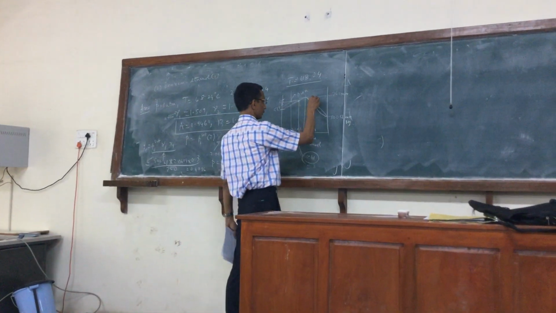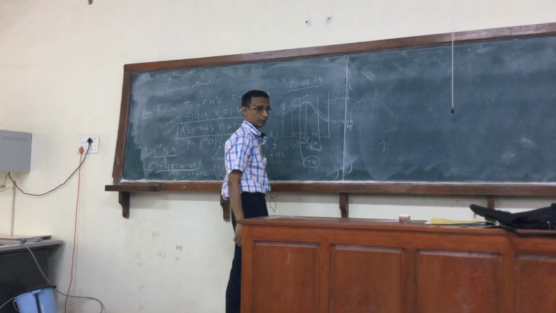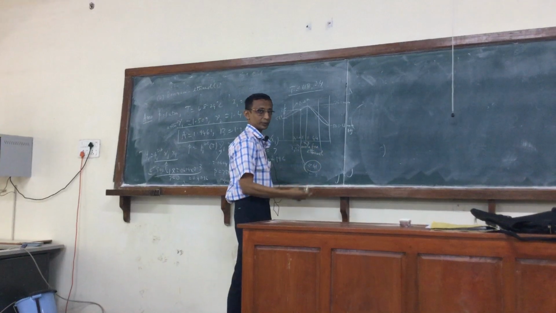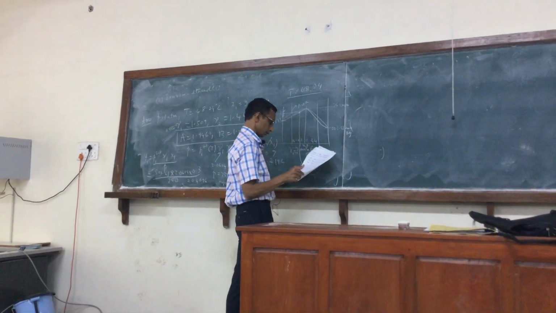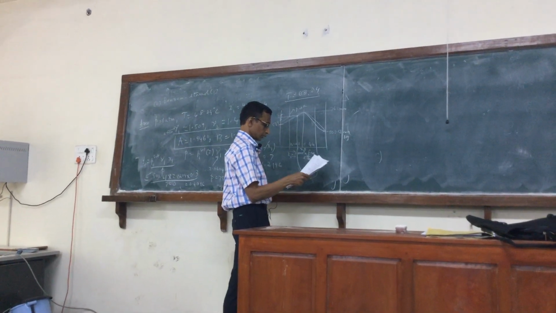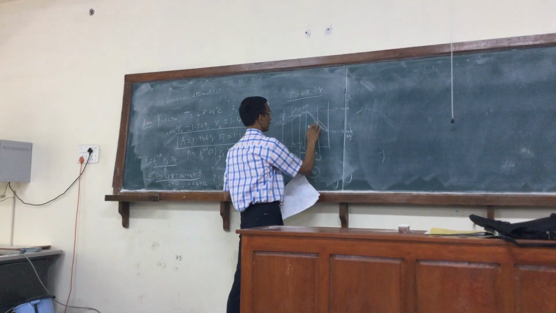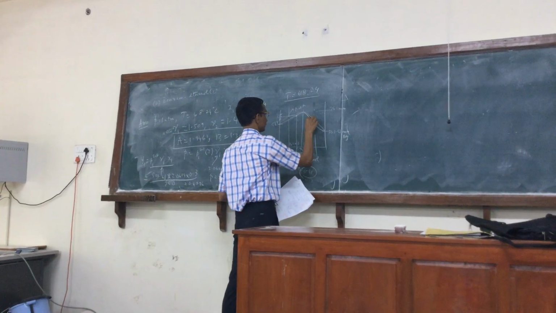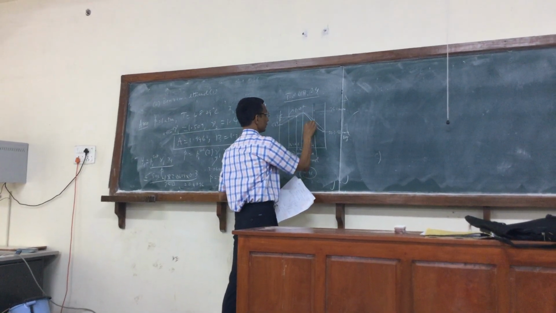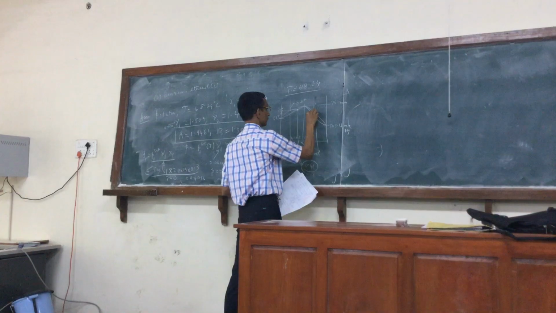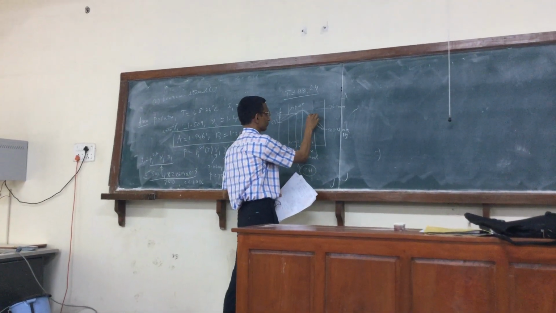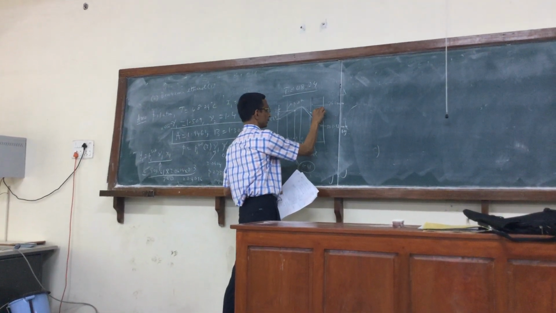Similarly, you can take another value to the right of the azeotrope. I have taken x1 to be 0.6, let's say. Again, I have to be very careful where I mark this 0.6, on the Pxy curve, x1 equal to 0.6.